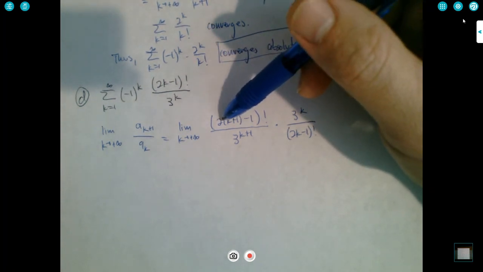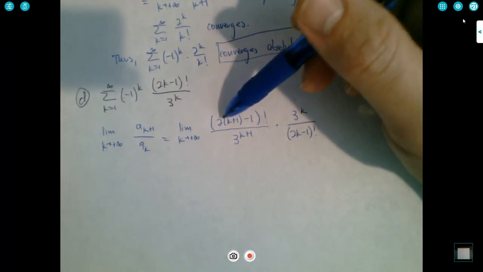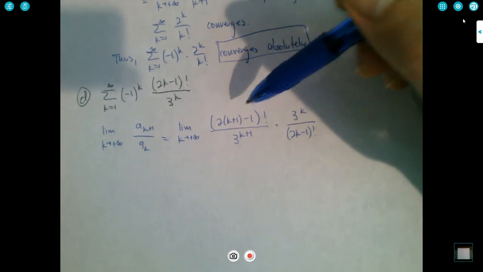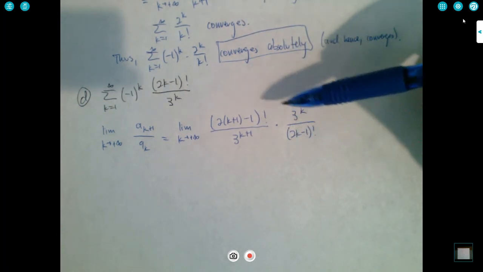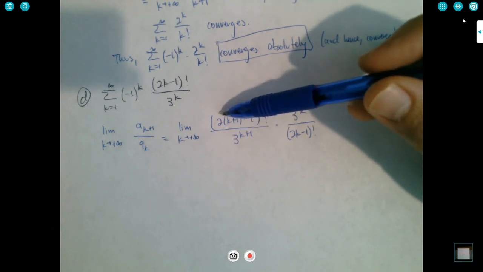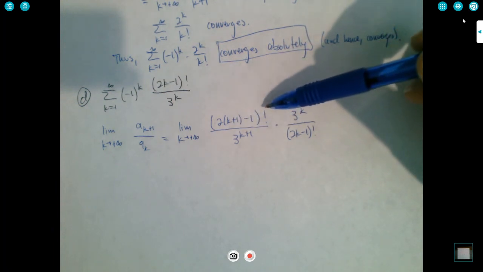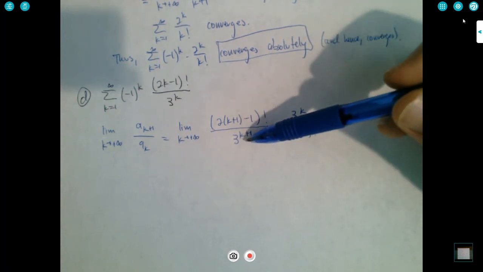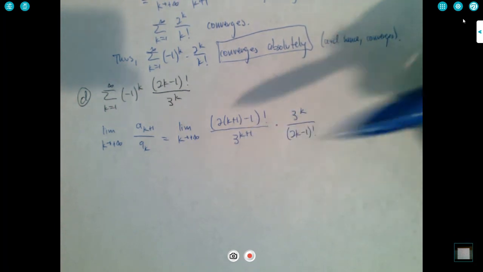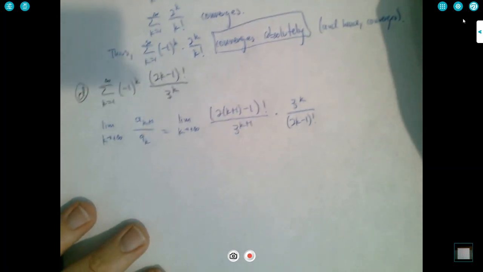This is going to be 2k plus 2 minus 1. So that's going to be 2k plus 1. But I want to cancel it with a 2k minus 1 factorial. So I think I'm going to call this 2k plus 1 times 2k times 2k minus 1 factorial. And then it'll cancel with that one down there. This thing I'll call 3 times 3 to the k. And then the 3 to the k's will cancel. Cool.